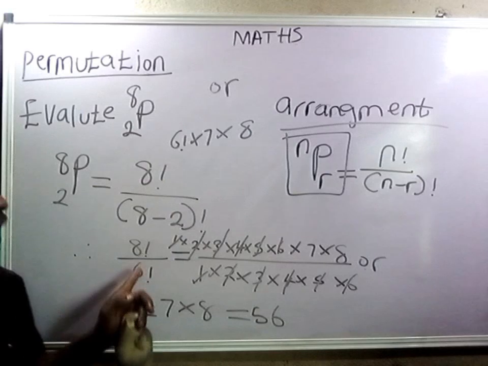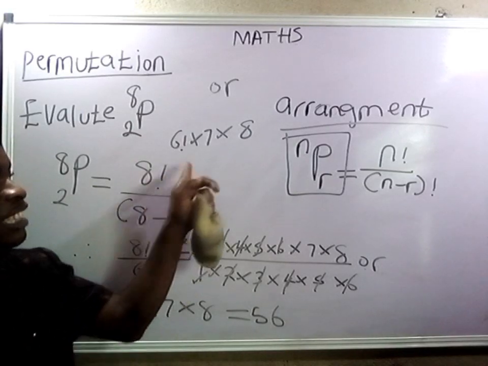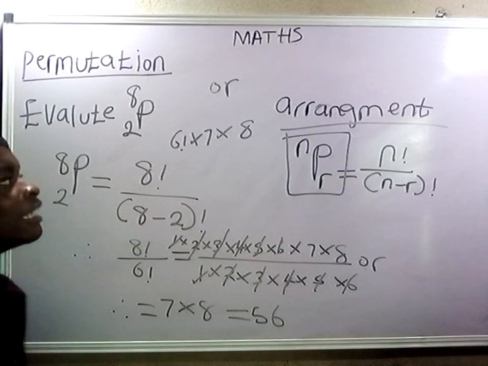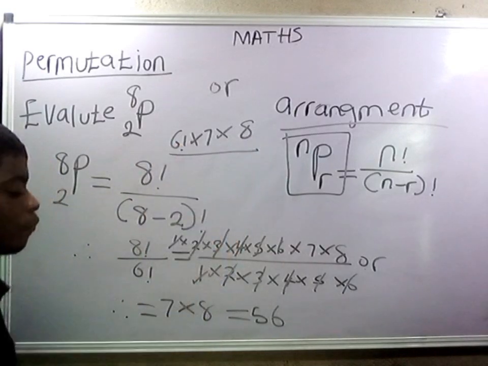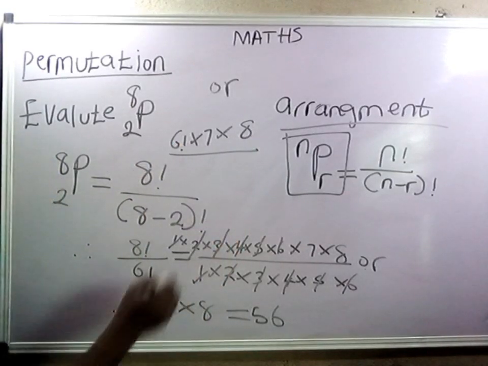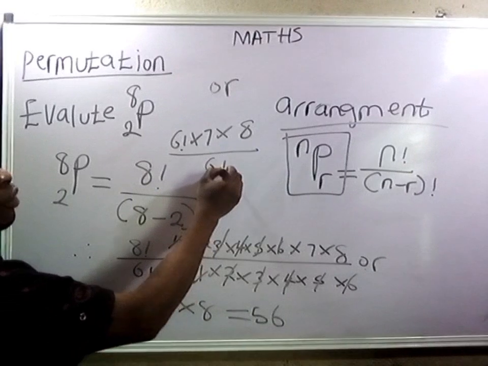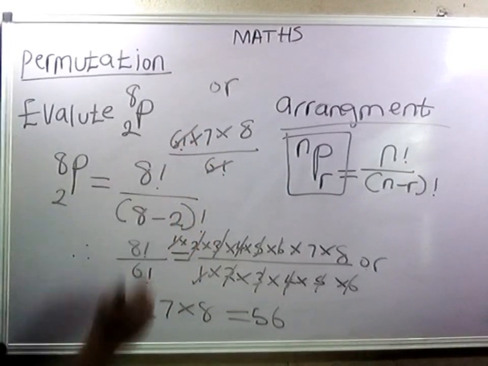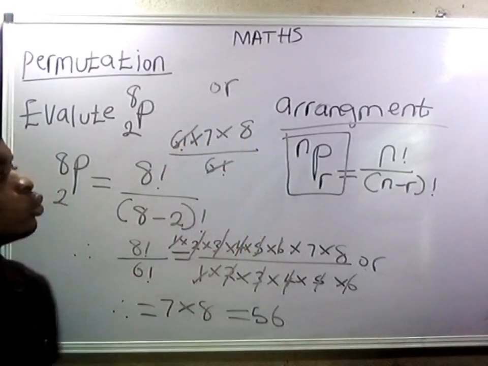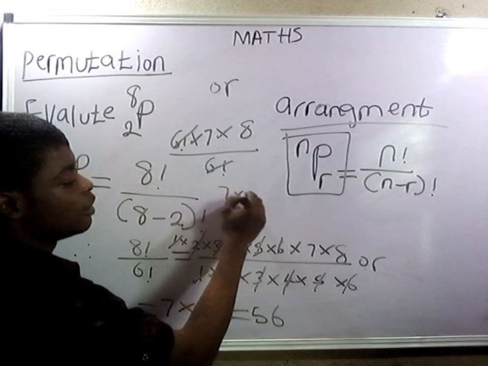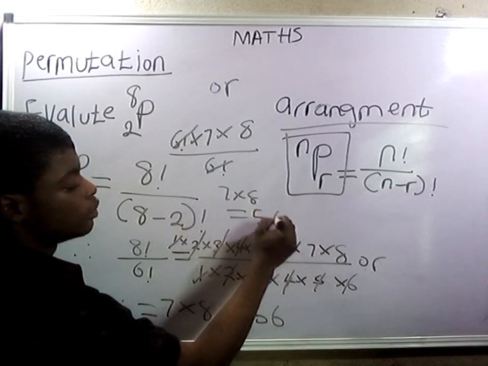You stop there because you have 6 factorial under. The 6 factorial will cancel 6 factorial. You are left with 7 and 8. So the answer will be 7 times 8, which is 56.